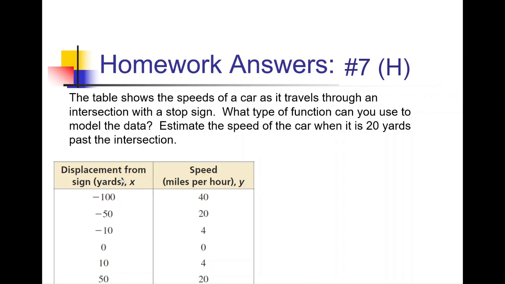So taking a look at what's happening here, we notice that as we get less negative, we're getting closer to 0, and as we get more and more positive, we're getting further away from 0. But in both cases, you notice that our speed is always positive, even if the input, the displacement, is negative. The fact that we always have a positive speed indicates that this must be an absolute value sort of function.